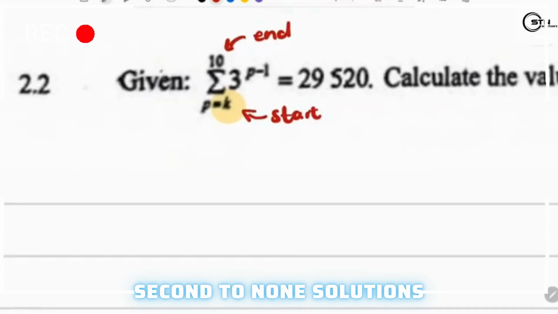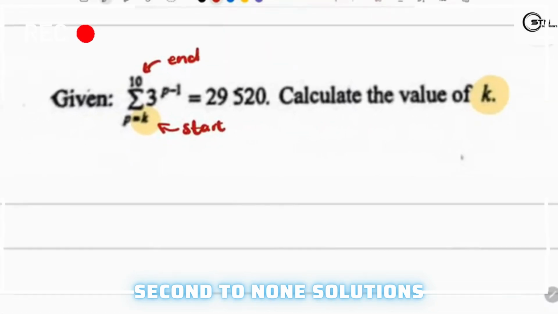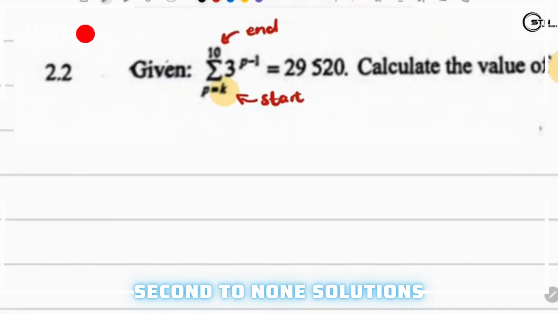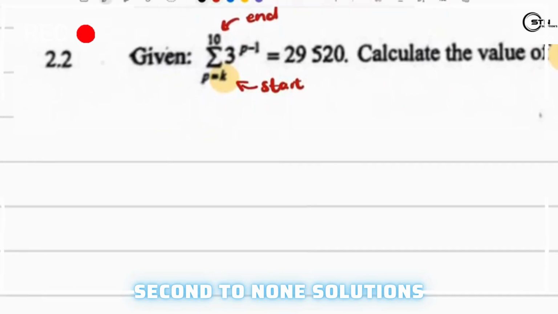So since they're still asking us to find the value of k and we know it's sigma, let us look at the formula we have here. Since our formula is 3 to the power of p minus 1, this is the Tn formula, or let's call it the Tp formula since p is our variable here.